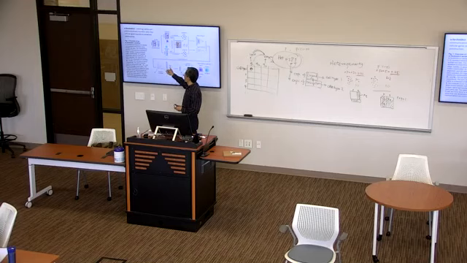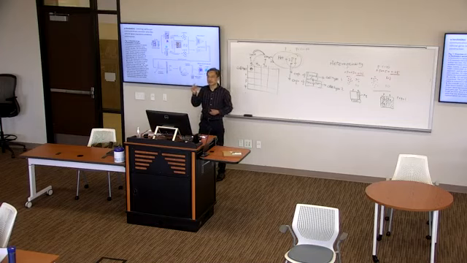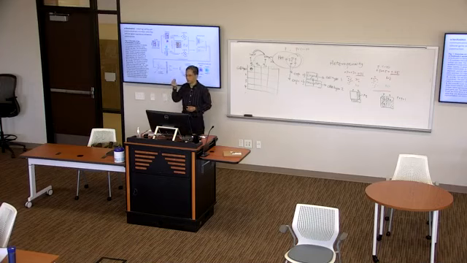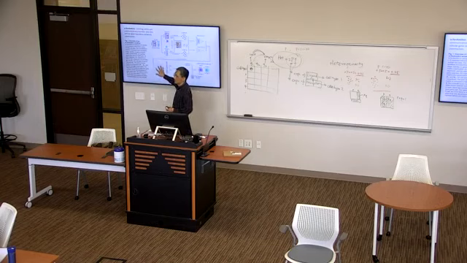So remember, gene I is from cell type A, gene J is from cell type B. If the distance between them is really close in this projected reduced dimension space, that means they are highly correlated.